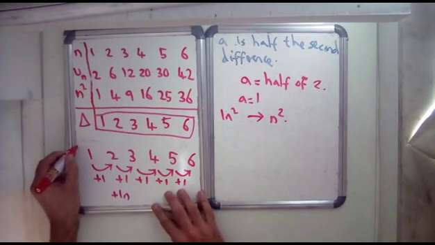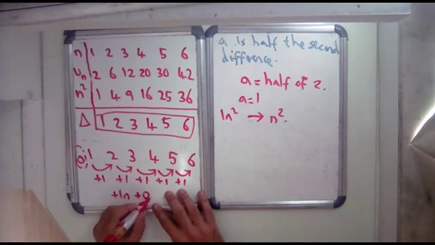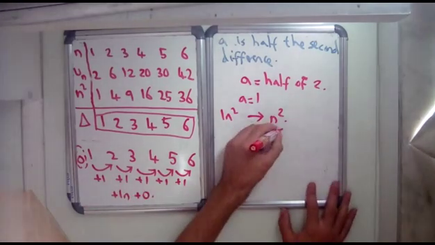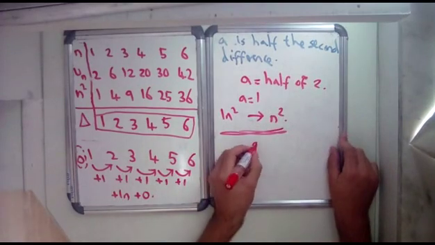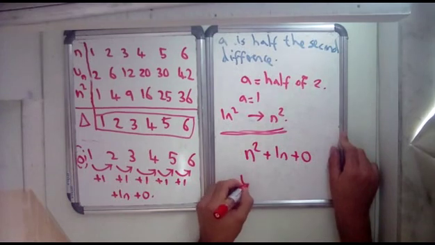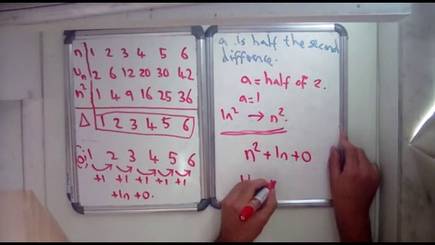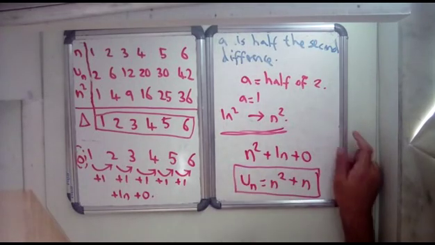And here, if n was 0, this would be 0, so plus 1n plus 0. So I know I had the n squared in the whole thing, so the final answer is n squared plus 1n plus 0, which would look a lot better if I write un equals n squared plus n. And that does work, I promise.